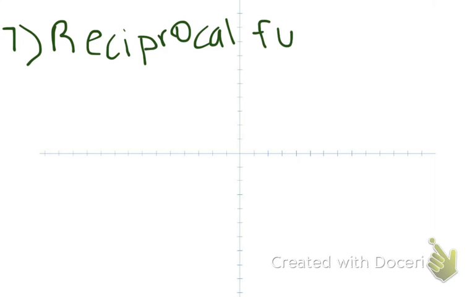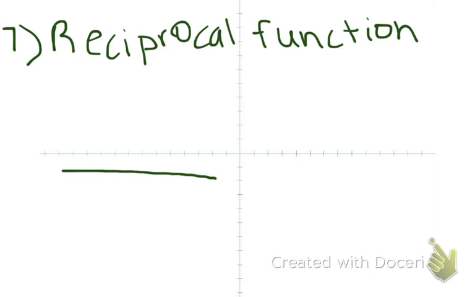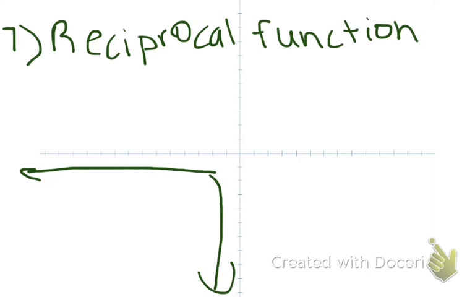Seven is the reciprocal function. And the reciprocal function is kind of like this. It has asymptotes going along here. This is more curvy, I don't know why, but I'm not able to draw.